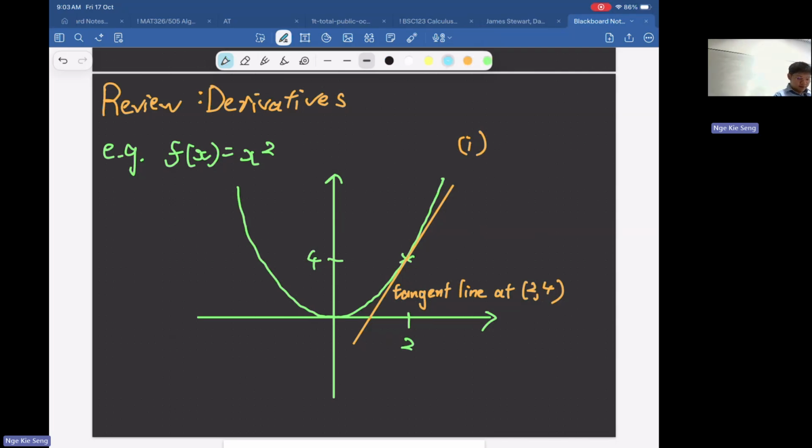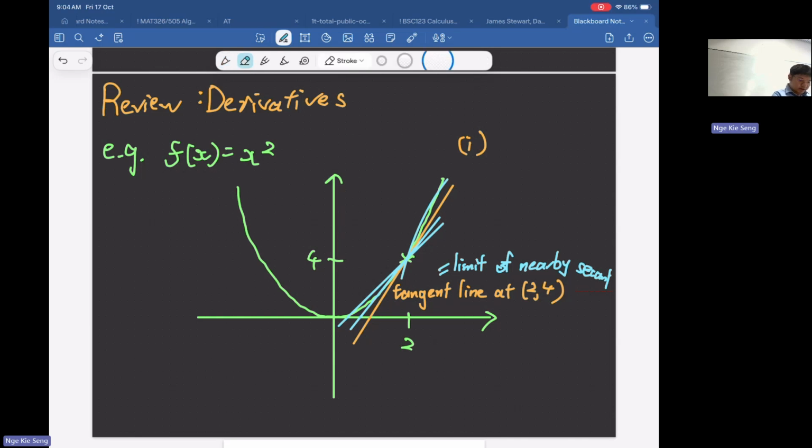Remember, we realize it as a limit of nearby secants. For example, maybe I join this (2, 4) with another point on the curve, right? And then if I take a sequence of these nearby secants, they will converge to this orange tangent line. You can do it similarly from the other direction.